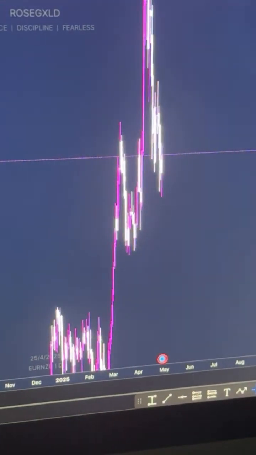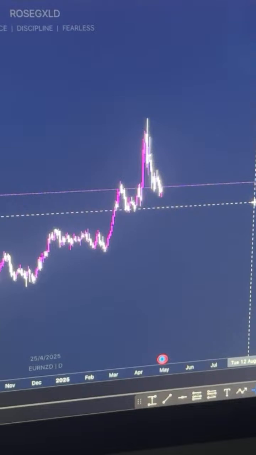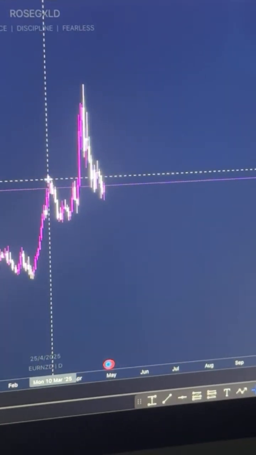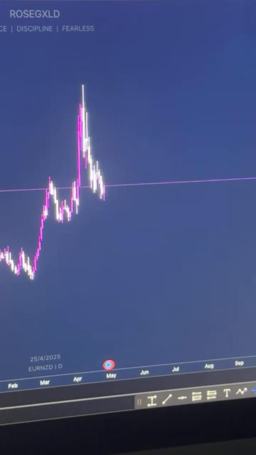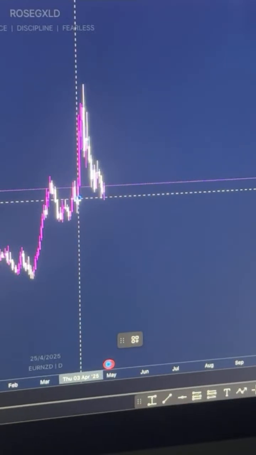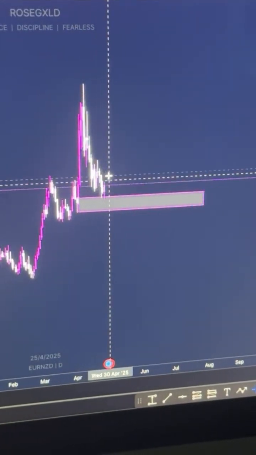Bring this back in here because I can see. Alright, so we don't need rocket glasses to see that the daily is very bullish. And if I'm looking at the daily here, we break structure here, we lose the recent price action. I need to go all the way back in data. So right here we have a demand zone on the daily. So now price comes to that demand zone and I react from that demand zone.